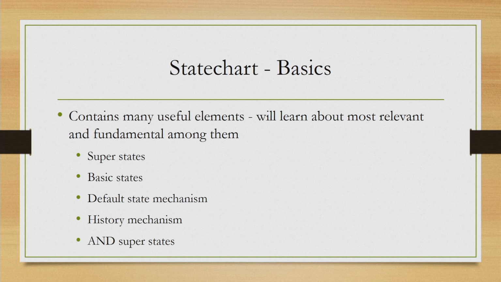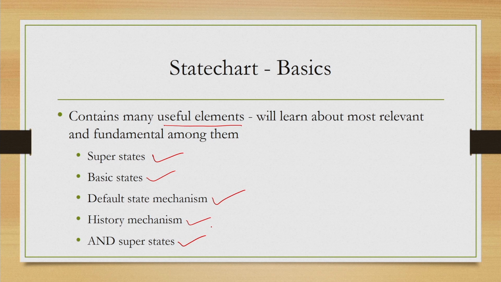Now, state chart formalism actually contains many useful elements, but we will focus on a few of them which are very fundamental, namely superstate, basic state, default state mechanism, and history mechanism. So, let us see one by one what these concepts mean.